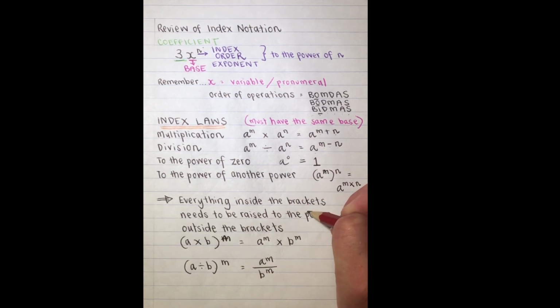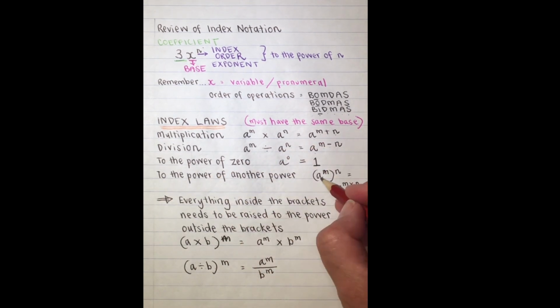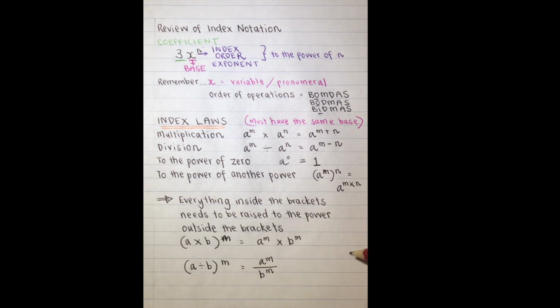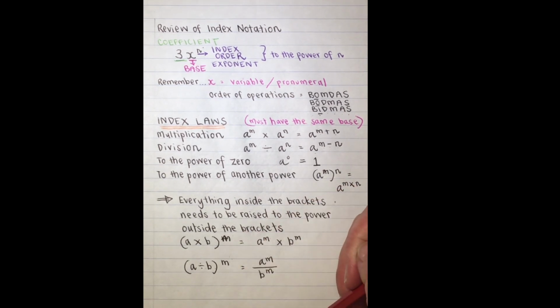And anything to the power raised to another power, a to the power of m, raised to the power of n, is the same as saying a to the power of m times n. And a quick reminder again, everything inside the brackets needs to be raised to the power outside the brackets. Excellent.